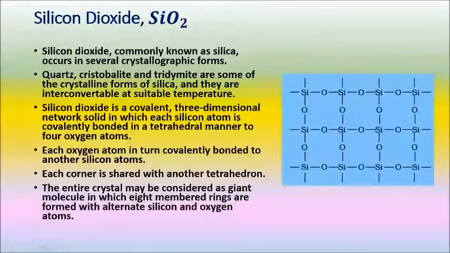Here in this structure, 8 members are there with alternate silicon-oxygen bonds. So this is the entire giant molecule of silicon dioxide. You have to learn the structure of silicon dioxide, which is a covalent three-dimensional network solid.